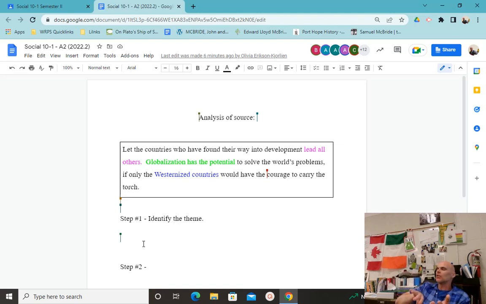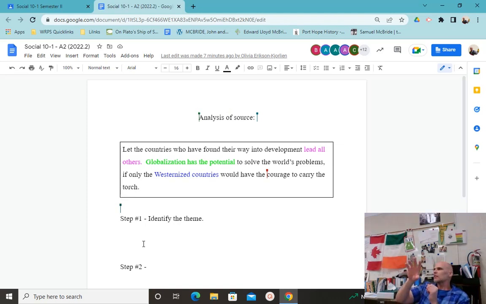Now the obstacle, why aren't we addressing the problems? The obstacle is that the Western countries maybe lack the courage to address the problems. But the problem is this term, world problems. So far we have a paragraph that might look like this.